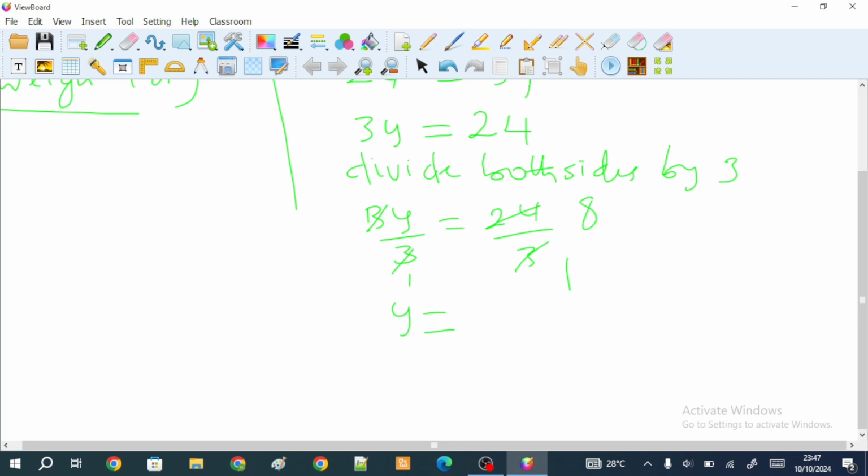So y is equal to 8. So what does this mean? The question says, how many hours will it take 3 workers? So we can now write, it will take 3 workers 8 hours. So as simple as that, very simple.